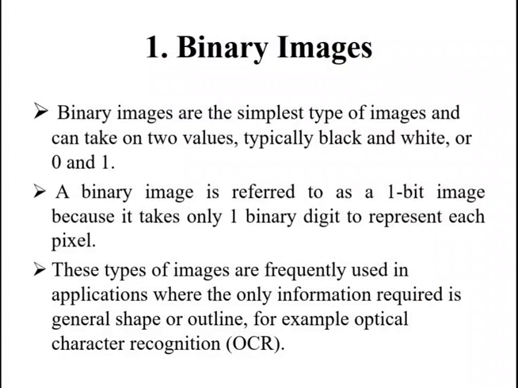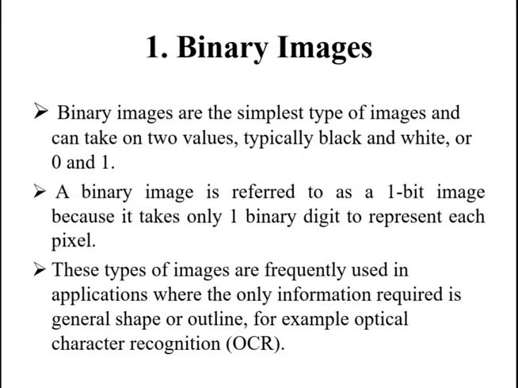The first one is binary images. Binary images are the simplest type of images and can take on two values, typically black and white or 0 and 1. A binary image is referred to as a 1-bit image because it takes only one binary digit to represent each pixel. These types of images are frequently used in applications where the only information required is the general shape or outline, for example in OCR, which means optical character recognition.